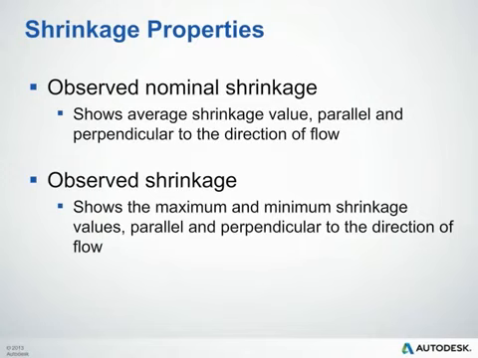The observed shrinkage is basically the max and min values for shrinkage that we noticed parallel and perpendicular to the direction of flow during our shrinkage analysis. So you may see these in there. It's just for your reference, and if you look even further down, you'll notice that we actually have the specific test data sets and values if you were that curious.